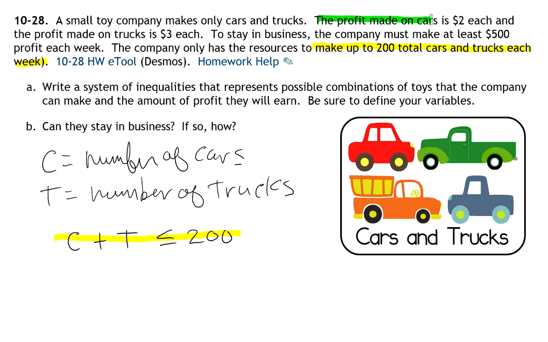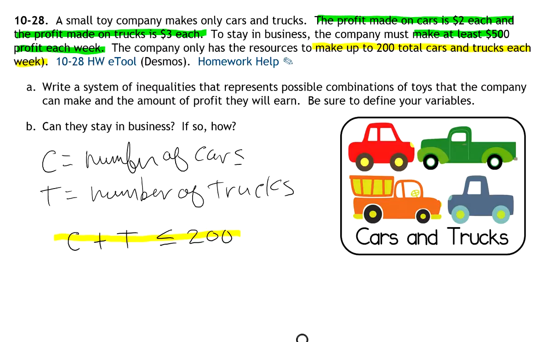So I get $2 in profit from a car, and I get $3 in profit from the trucks. And to stay in business, the company must make at least $500 profit each week. So those things together are giving me another inequality that's at play, and it looks like this.